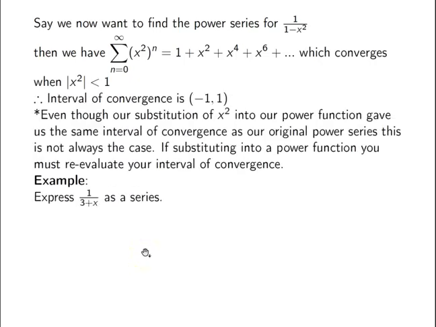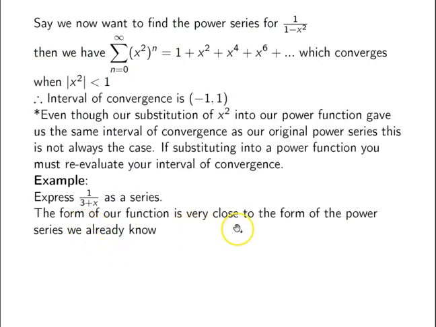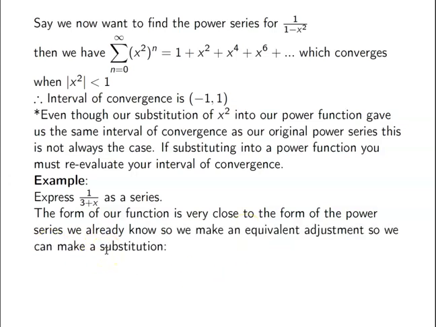Okay. So the form of our function is very close to the form of the power series that we already know, as I said, right? So we have to make an equivalent adjustment. So when I say equivalent adjustment, it means I'm going to be manipulating this expression here, but maintaining equivalency. I can't just add something here and divide something here. If I multiply by something, it's got to be numerator and denominator, right?